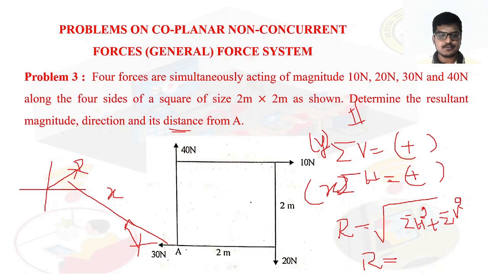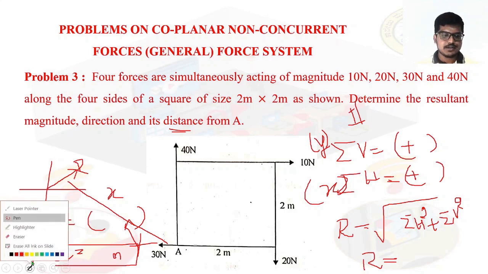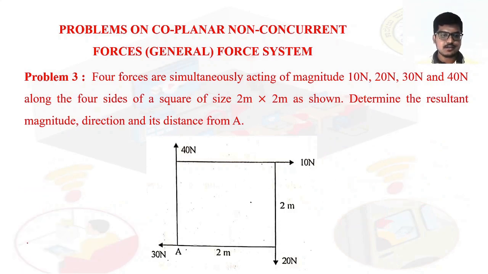So at a distance of x from A, and by applying the variance principle, R into x, the moment due to the resultant R about A is equal to the moments of the 40 Newton about A, 10 Newton about A, 20 Newton about A. We have to calculate and we will find the value of x distance in meter. So I told you as a draft, we will solve now one by one.